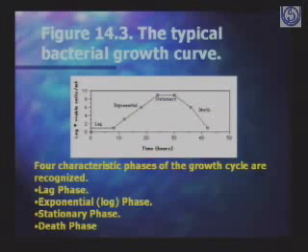Hence, the log phase is also known as the exponential phase. But this leads to accumulation of toxic metabolites and lack of nutrition, which leads to a plateau stage known as the stationary stage. Finally, this accumulation of toxic metabolites leads to the death of these bacteria, that is the death phase.